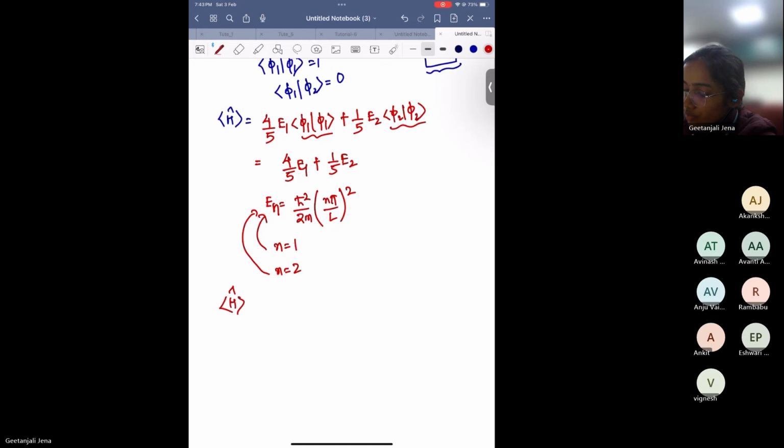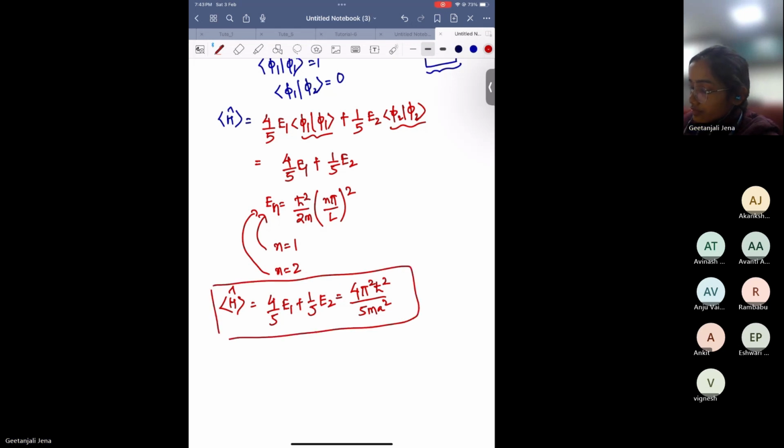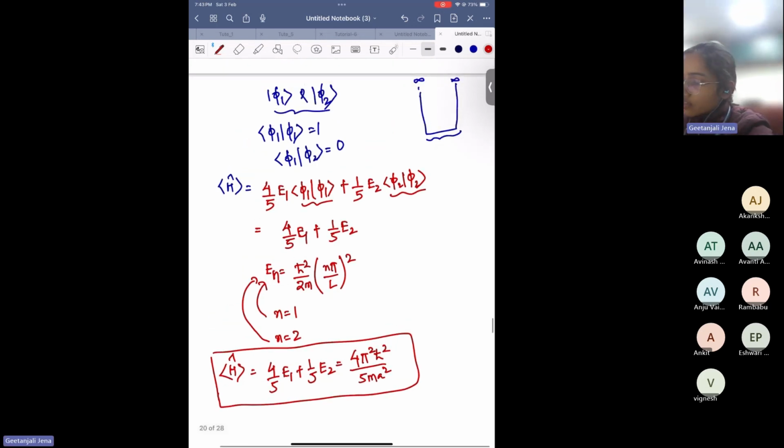Now put these values in this final form, 4 by 5 E1 plus 1 by 5 E2. The final one you will get is 8 h square divided by 5 m L square. This is the final answer, so this first part is done.